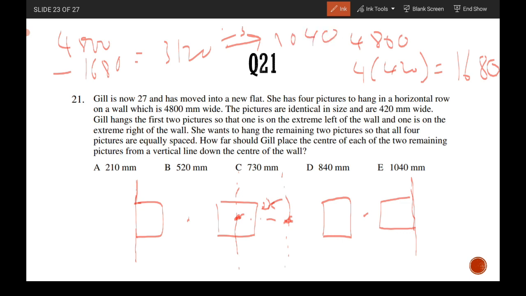And then I hope you can see we are going half a spacing and half a distance of a picture. So if I just do a half times a single spacing and a picture, well, this should give me x, which equals a half times 1460 equals 730, which is option C.